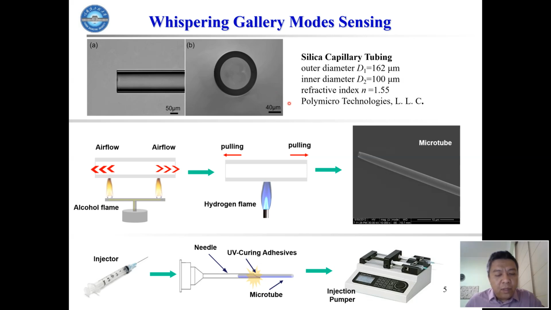We pull the tubing with a flame to get a microtube with a diameter down to about 5 microns. This microtube was connected with the needle of an injector by UV adhesive. Then we put the injector on the injection pump.